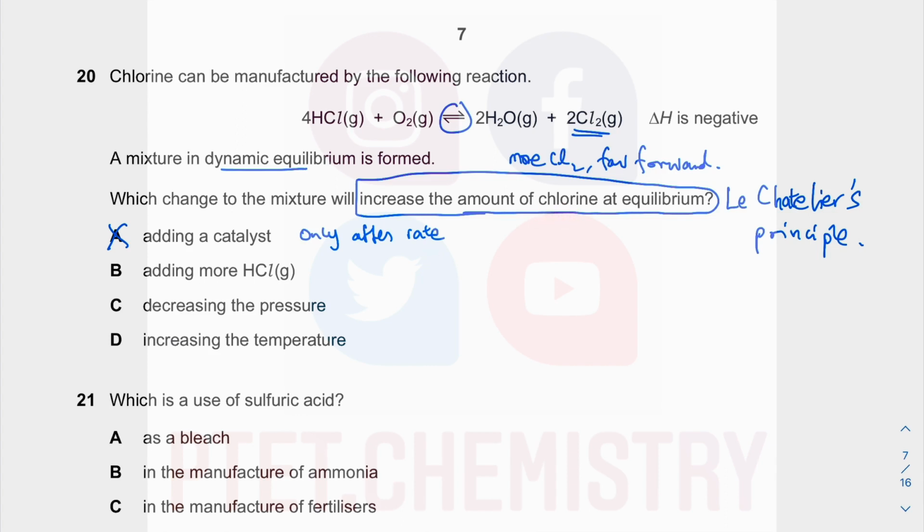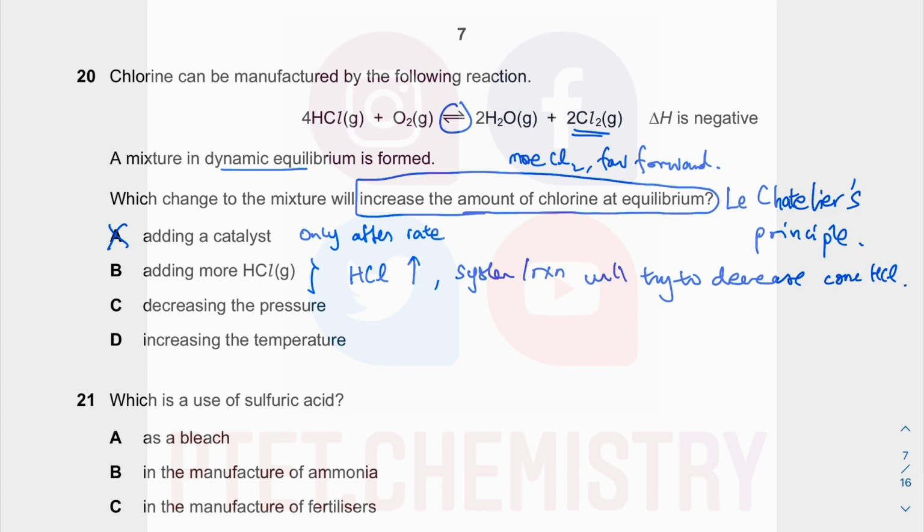I guess the other thing you can think about is, let's do concentration first. Your HCl is a reactant. So when you increase the concentration of HCl, your system or your reaction will try to decrease the concentration of HCl.